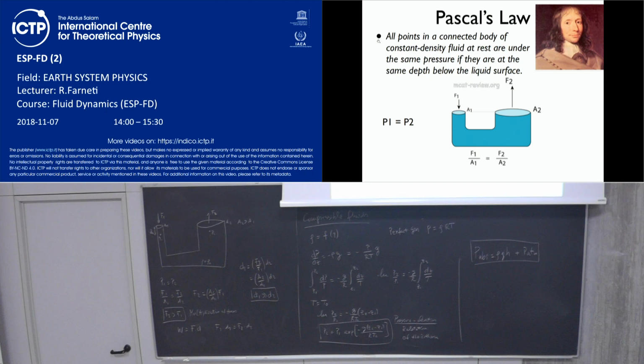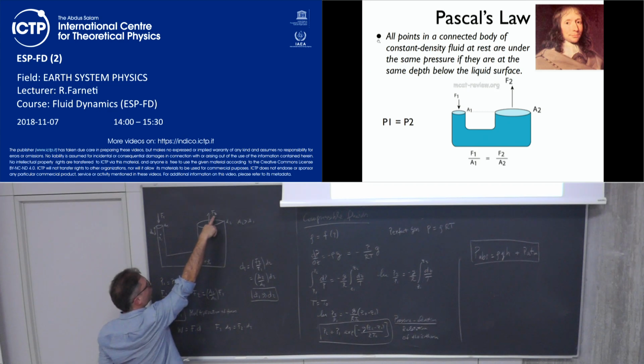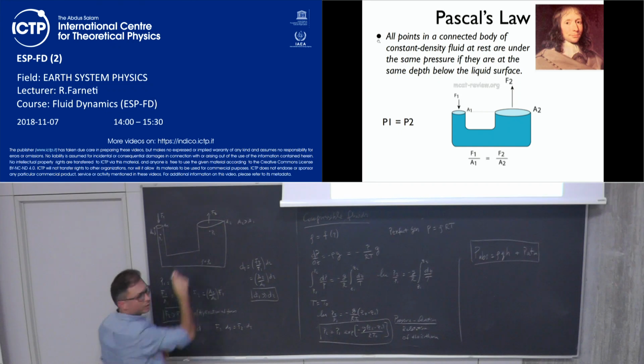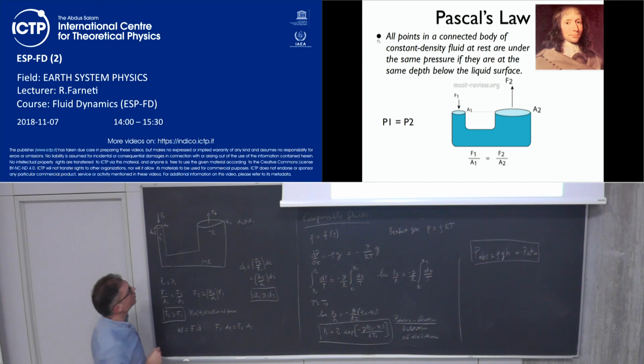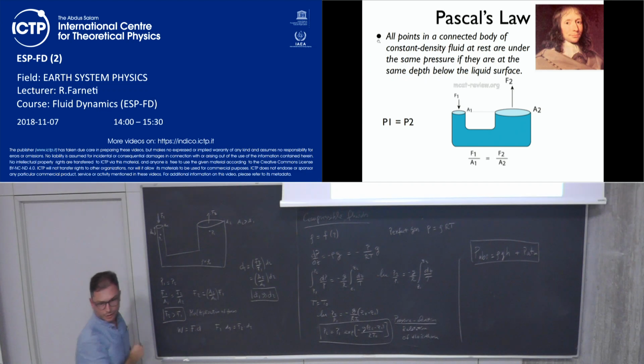How does this translate to applications? So remember, we have this system filled with a liquid or a fluid of the same density. In static conditions, P1 has to be equal to P2. I apply a force F1 over an area A1. In order to maintain the same pressure, I have to generate a force that per unit area gives me this pressure. Okay? And the result is that because A2 is much larger than A1, F2 is going to be much larger than the original force.